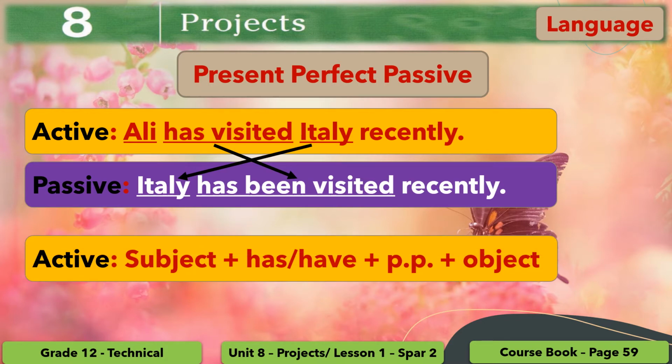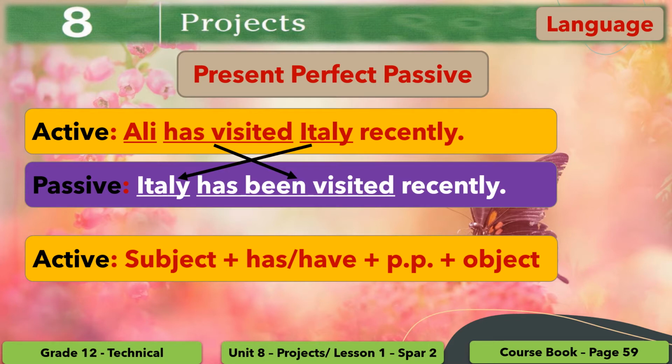So this is the rule. We need the subject. If the subject is singular, we use has, and if it is plural, we use have. Then we use the past participle verb, then the object.